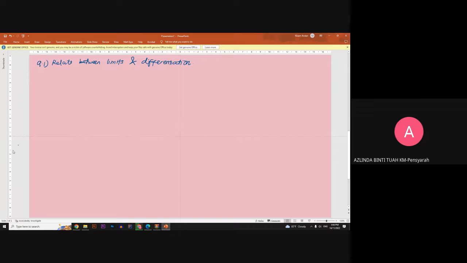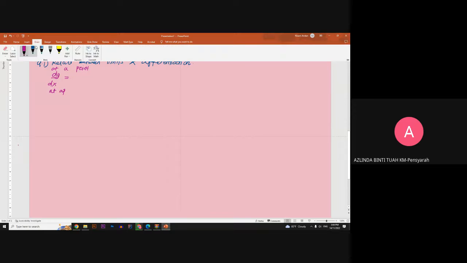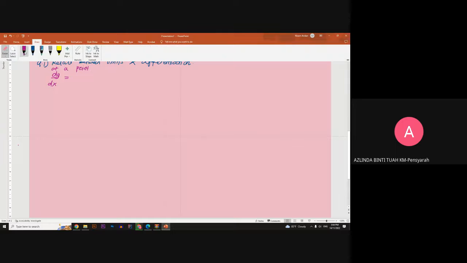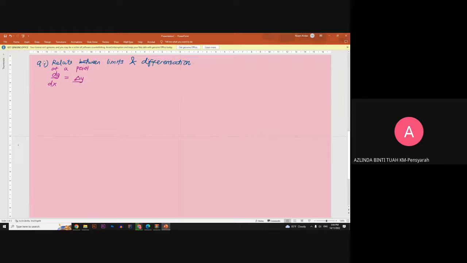where when we apply the definition in the formula of dy per dx at a point, we look at the difference in y over difference in x, and we get a problem when we just focus on a point, where we have just one point: y2 minus y1 over x2 minus x1.